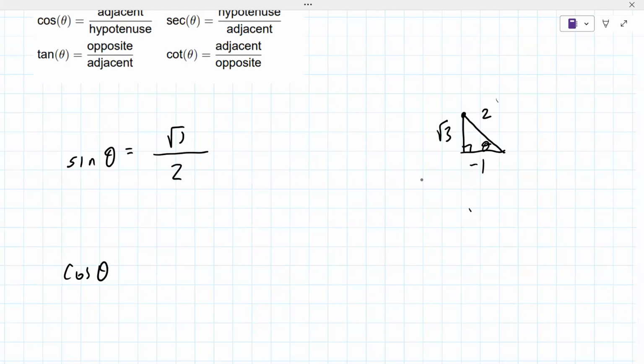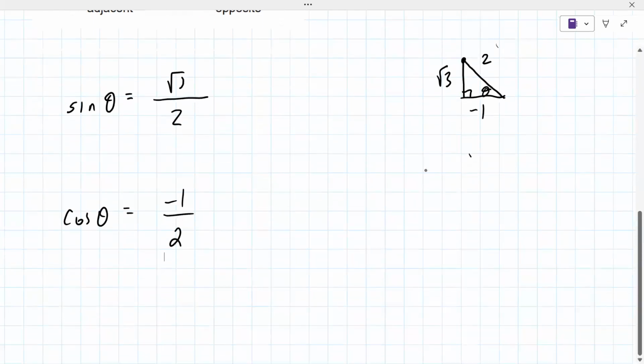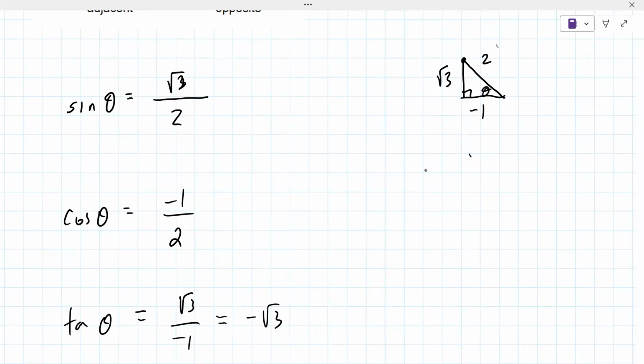And then cosine theta is -1 over 2, so -1/2. How about tangent of theta? What would that be? √3/-1. Very good. Now, this one you should rewrite as -√3, and the expectation is that you do that.